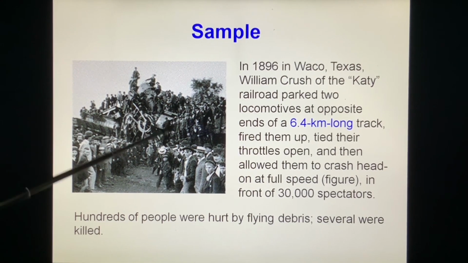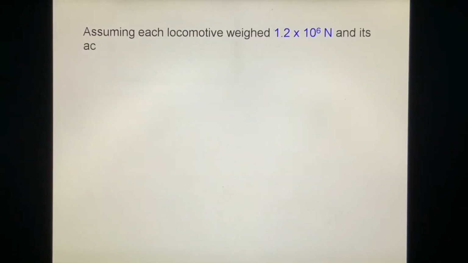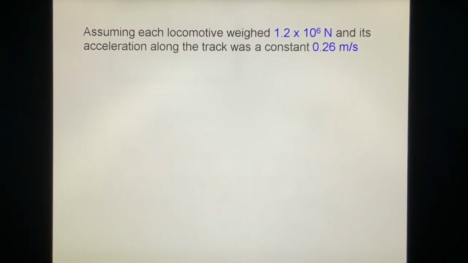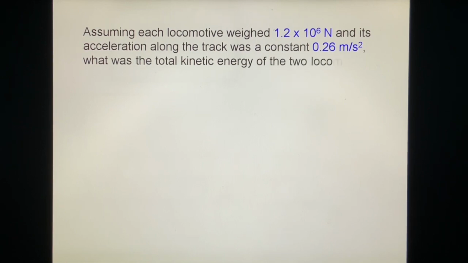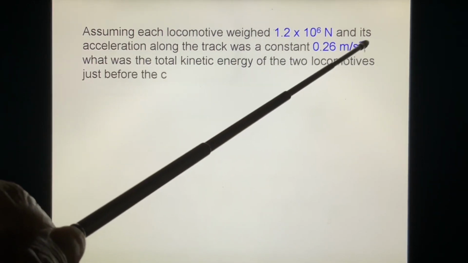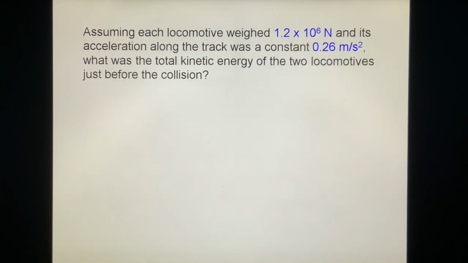Hundreds of people were hurt by flying debris. Several were killed. Why? Energy. Assuming each locomotive's weight is 1.2 times 10 to the 6 newton, and its acceleration along the track was a constant 0.26 meter per second squared, what was the total kinetic energy of the 2 locomotives just before the collision?